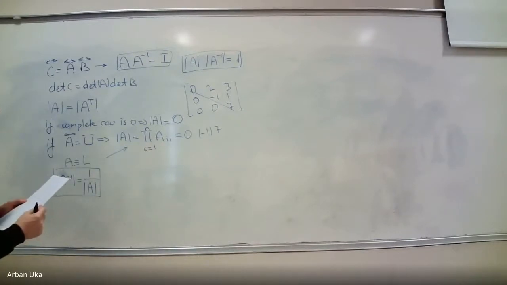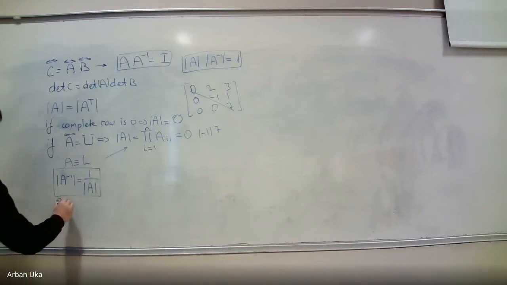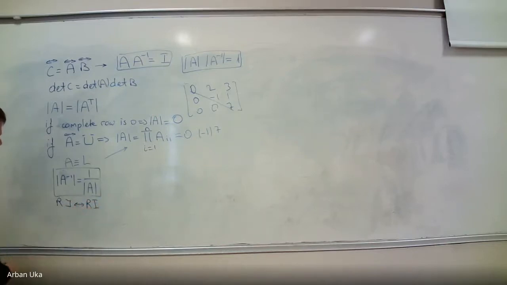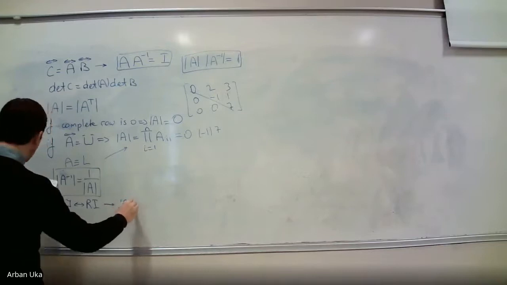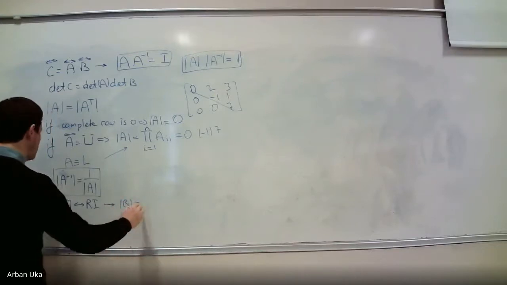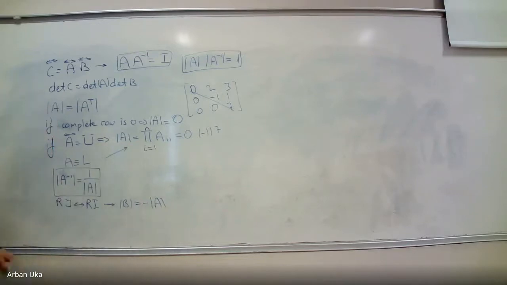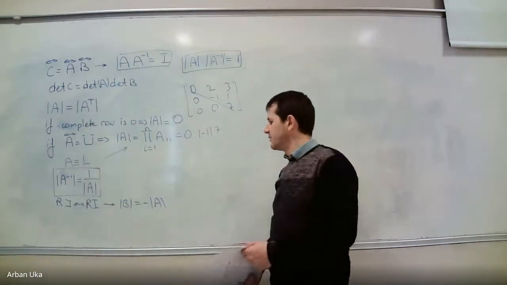Now another thing is that if we interchange any row, if we interchange row j with row i, the determinant of the new matrix B is going to be equal to minus the determinant of matrix A. So interchanging rows adds a factor of -1 to the determinant.